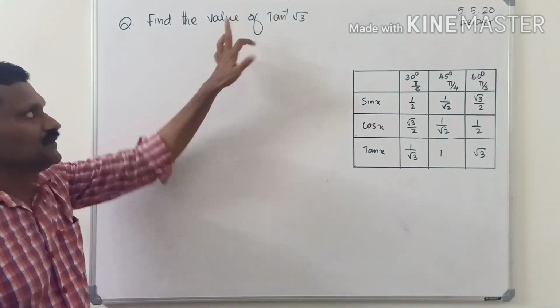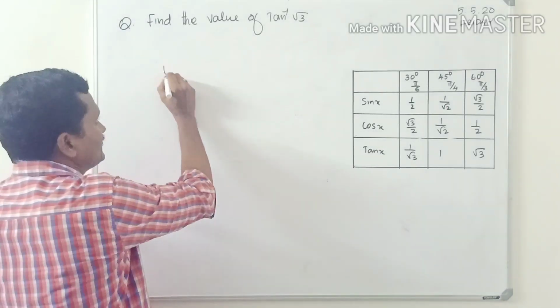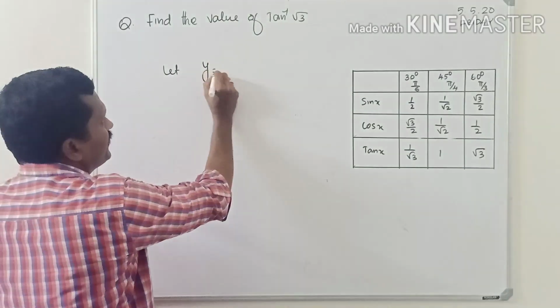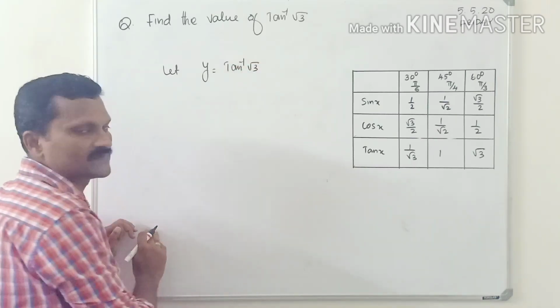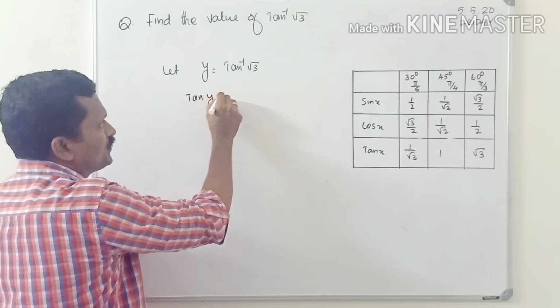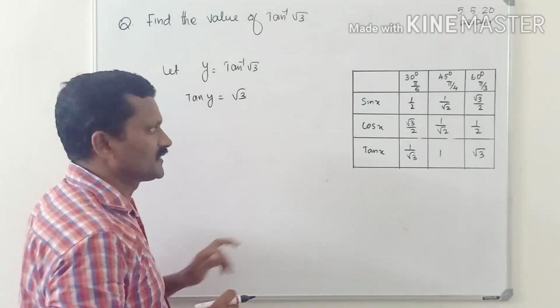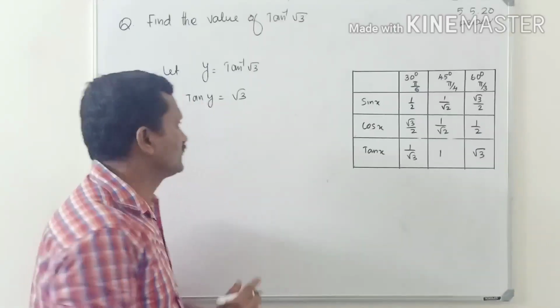Find the value of tan inverse root 3. Let y equal to tan inverse root 3. Using formula, tan y equal to root 3. From table we know that tan 60 equal to root 3.